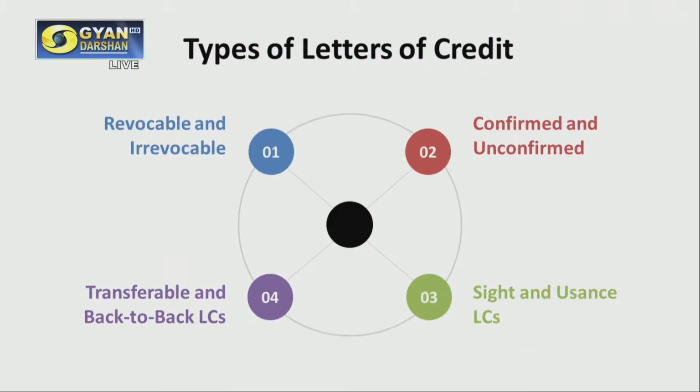Now let us see what are the various types of letter of credit. Number one is revocable and irrevocable letter of credit. What is a revocable letter of credit? A revocable letter of credit is an LC which can be cancelled by the issuing bank at any time without prior permission of the beneficiary.